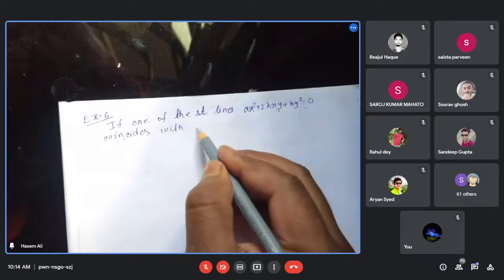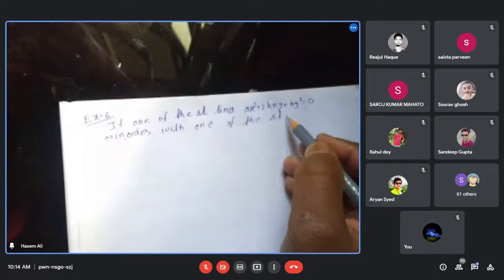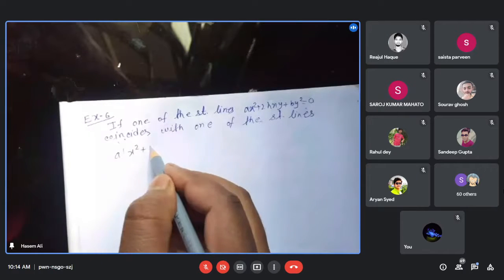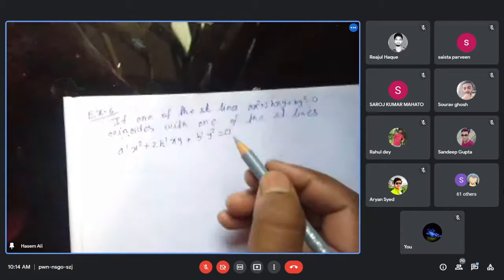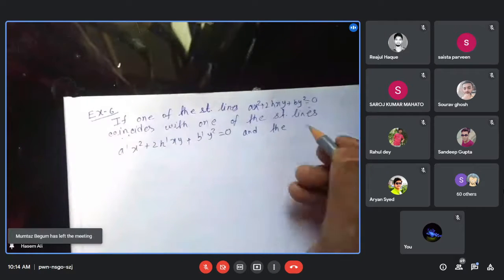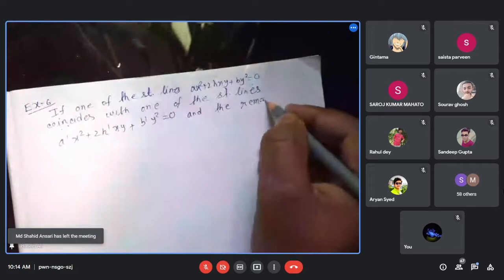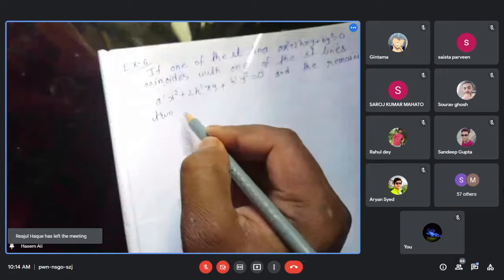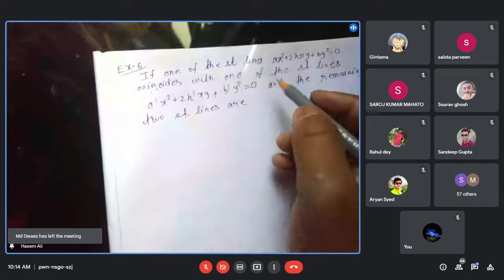with one of the straight lines a dash x square plus 2h dash xy plus b dash y square equals to 0, and the remaining two straight lines are right angles, that is, perpendicular.